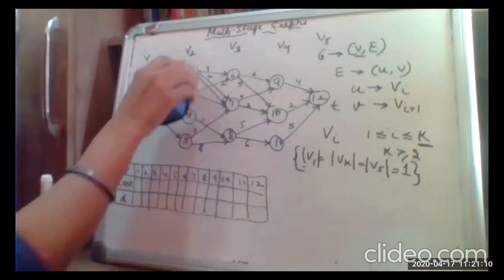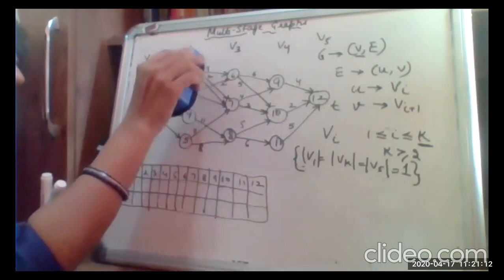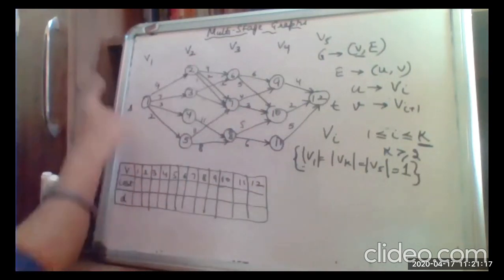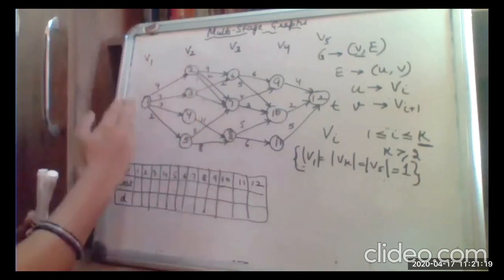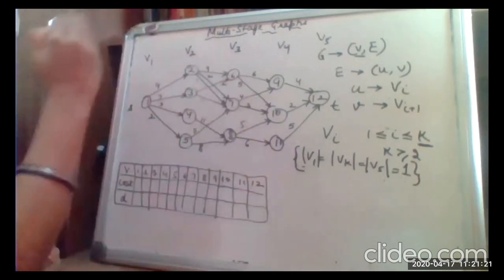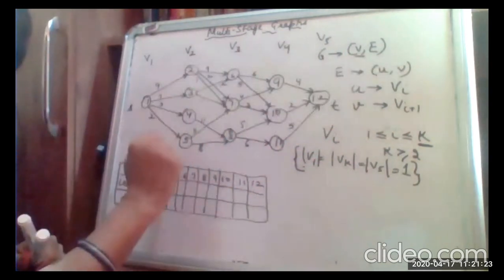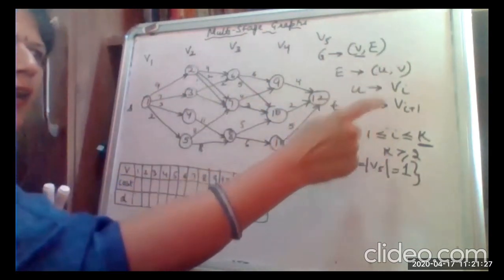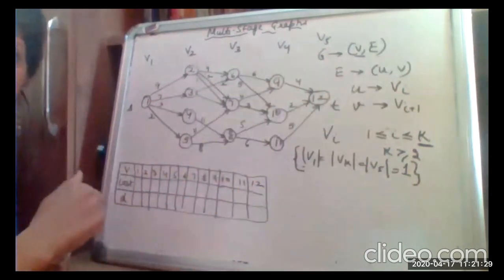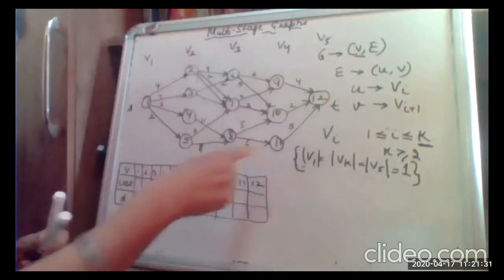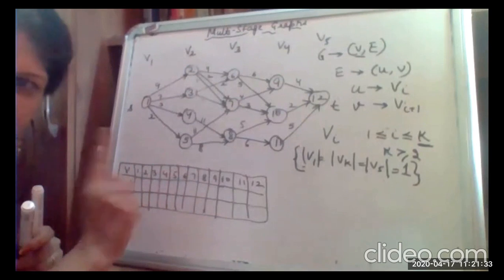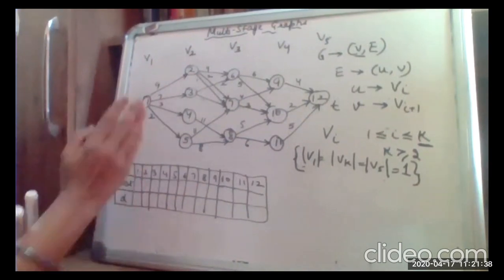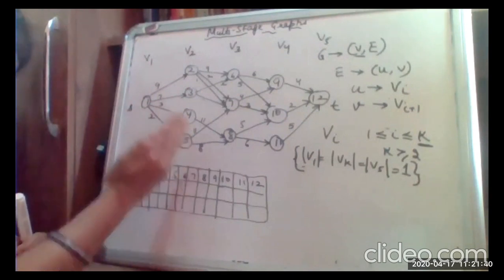There is no such edge. There is also no edge from the first stage to the third stage or from the first stage to the fourth stage. There is always a UV edge where U belongs to the vertex set i and V belongs to the vertex set i+1. So these are the requirements that you are assuming for the multi-stage graph.